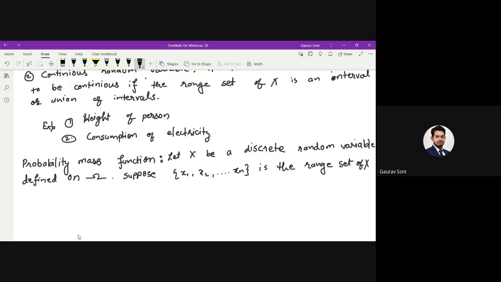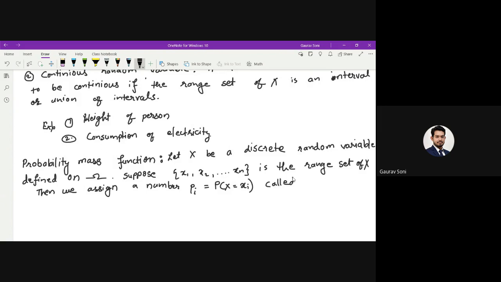Then we assign a number p, which is nothing but the probability of x equal to xi. It's called the probability of xi.